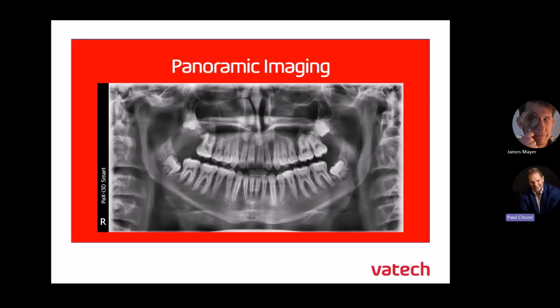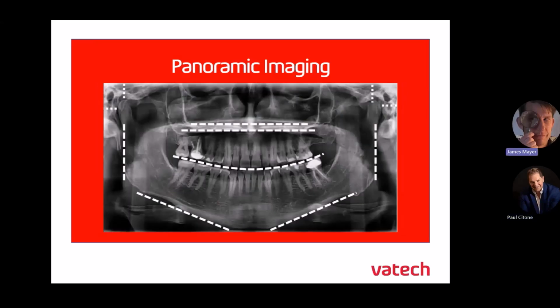Right. Several things. Why don't you describe on here, take me through what we're seeing and what those 6 or 7 evaluation techniques are that we use to look at a pan. Yeah, so the dashed white lines outline just what we're looking at. We don't want the occlusion flat.